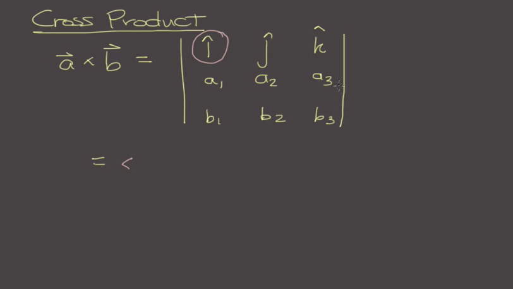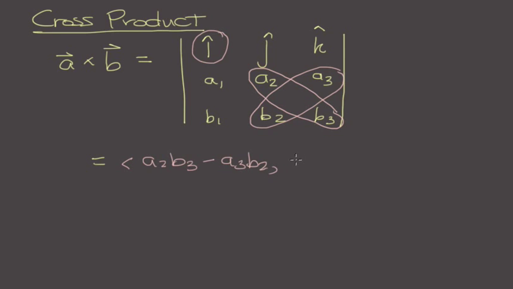So we're only really left thinking about this 2x2 matrix in the lower right-hand corner. And then we can simply take this product and subtract it from this product. So let me show you how that works in practice. The i unit vector, or in other words, the x component of this resultant vector, is just going to be a2b3 minus a3b2.